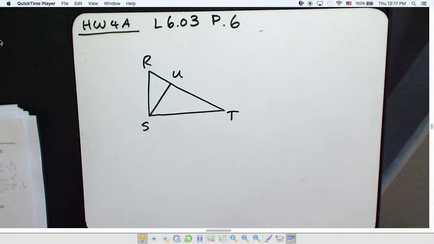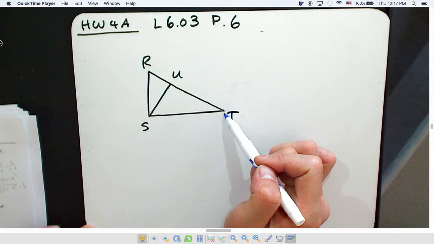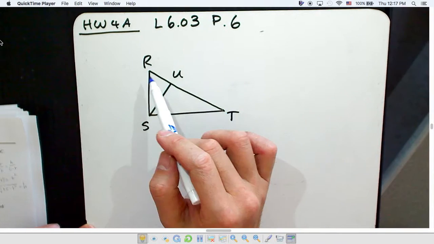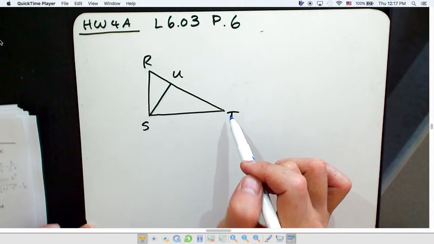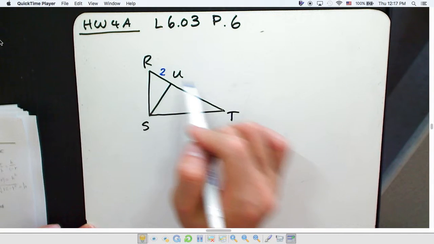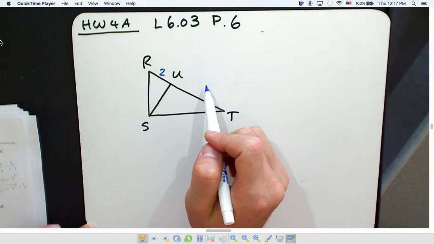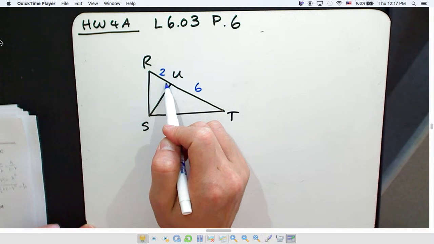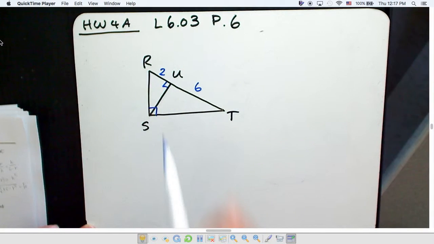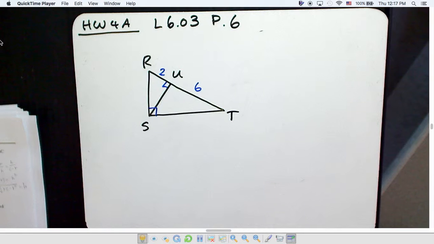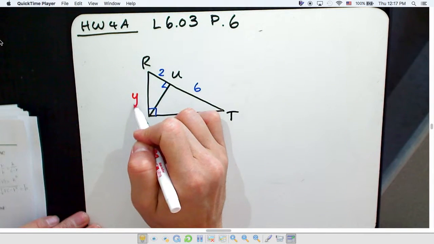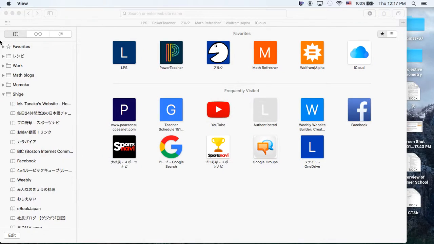And what's given is segment RT is the hypotenuse of triangle RST. RU is 2 and UT is 6, and we know these are right triangles. And we have to find the value of y and x using the concept of similarity.